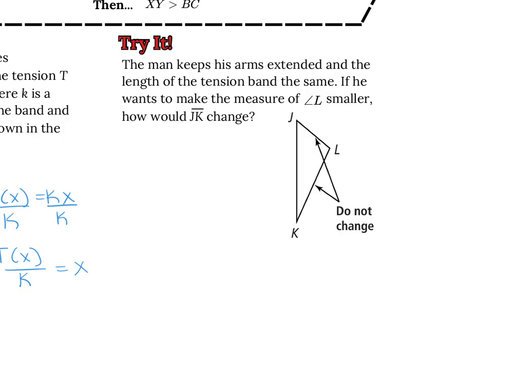Try it. The man keeps his arms extended and the length of the tension band the same. If he wants to make the measure of angle L smaller, how should JK change? Okay, in order to make the measure of angle 3 smaller, we would have to make the measure of angle 3 decrease.